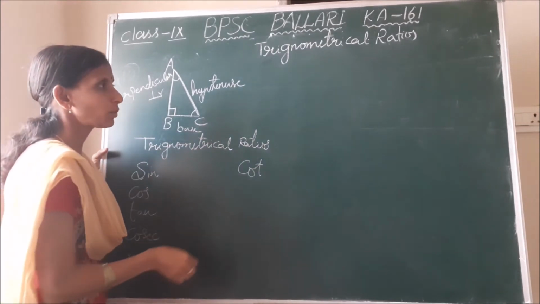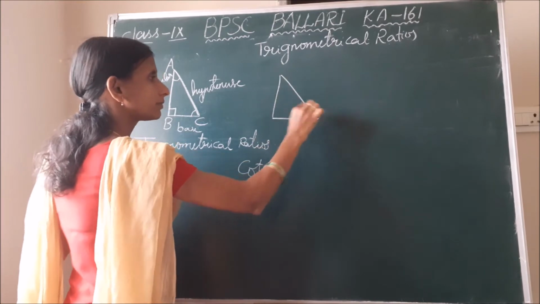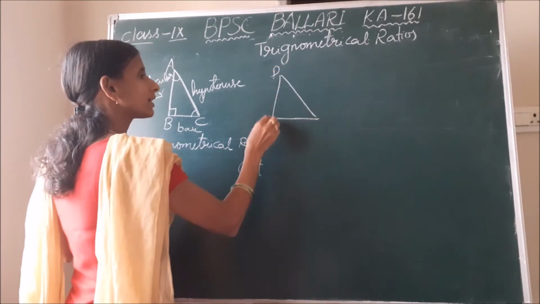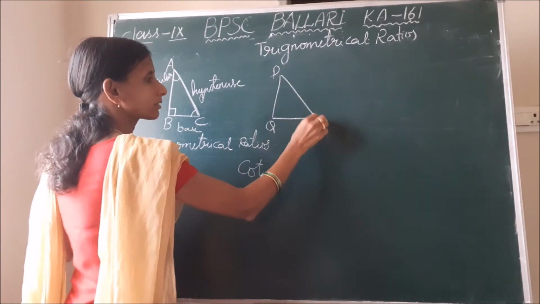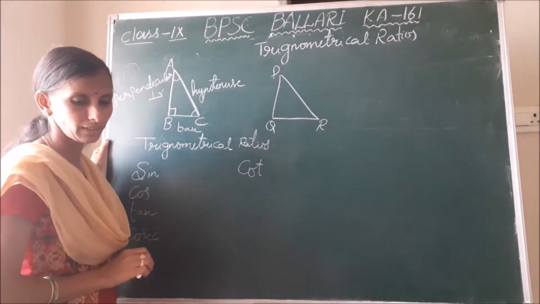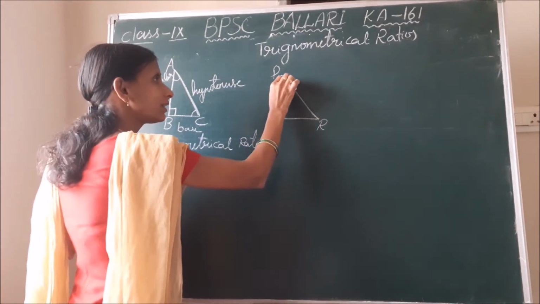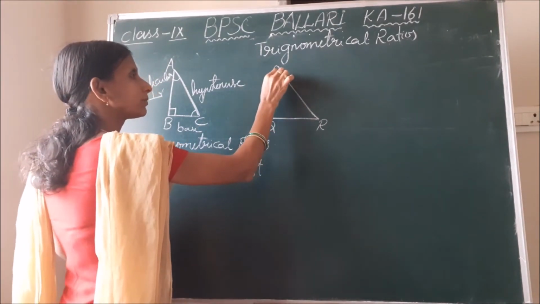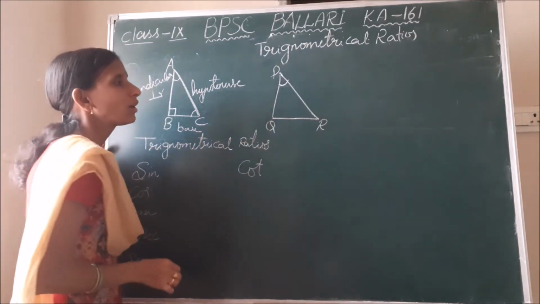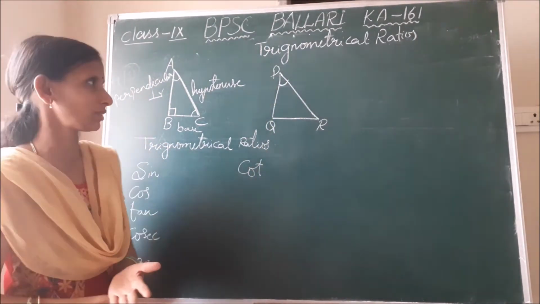Now let us take one right angled triangle. Here I am taking it as PQR. Now I am taking the angle here. Now which is the base, which is the perpendicular and which is the hypotenuse?